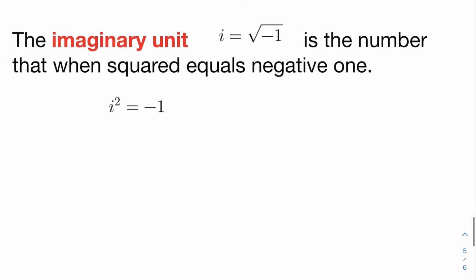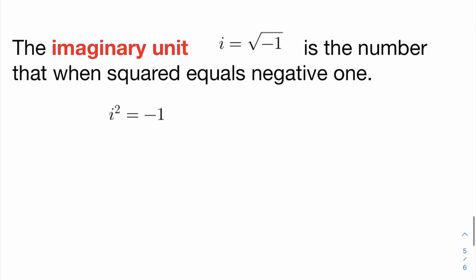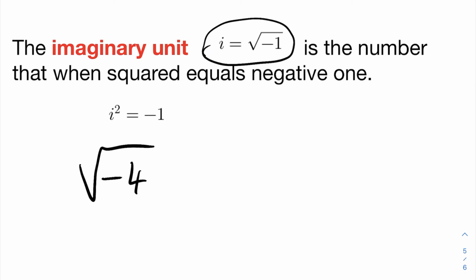So the imaginary unit is used for the square roots of numbers like negative 1, as you can see. But then you can also use the imaginary unit, the square root of negative 1, to factor numbers like this one, the square root of negative 4. The square root of negative 4 would then factor into the square root of 4 times the square root of negative 1.